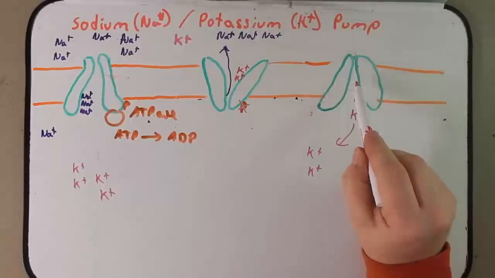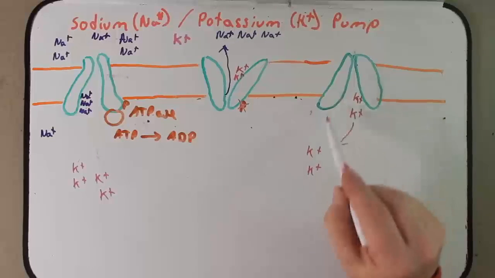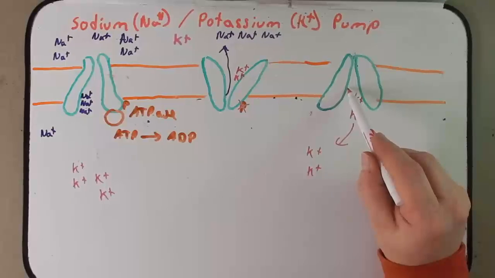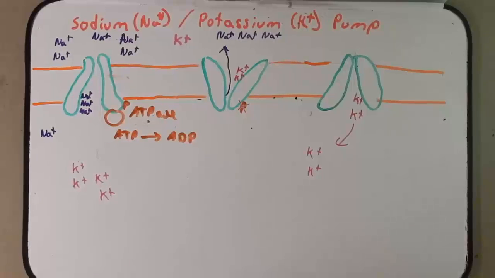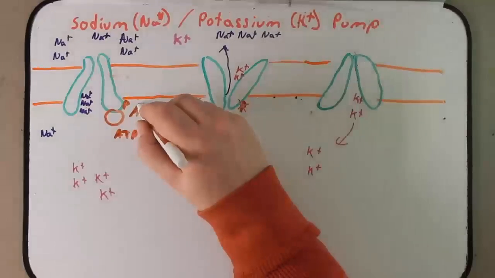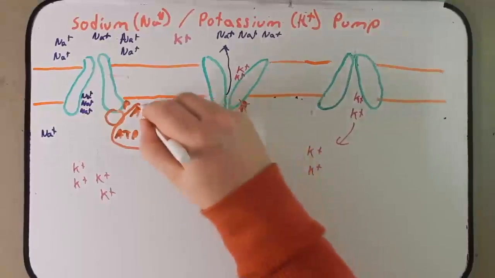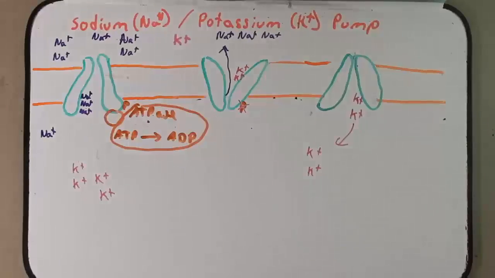Now this pump is ready to receive more sodium ions and start the whole process over again. And this is all possible because of our ATPase activity that's found within the sodium-potassium pump.